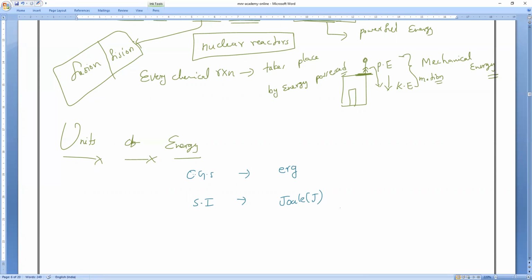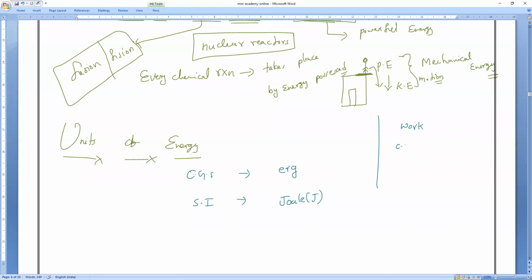Already we have units of work. We cannot do any work without energy. If work is done anywhere, definitely some energy is present there. So what is the CGS unit of work? Check your notebooks, we did it the day before yesterday.